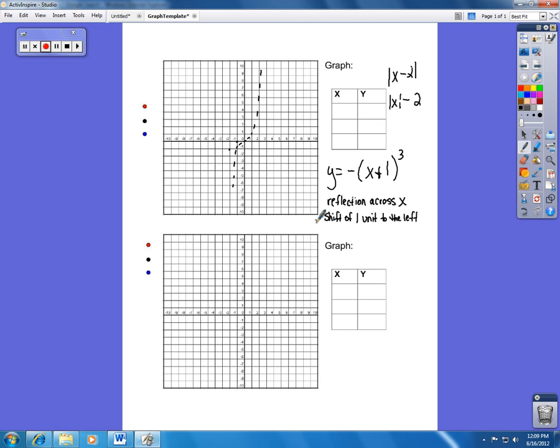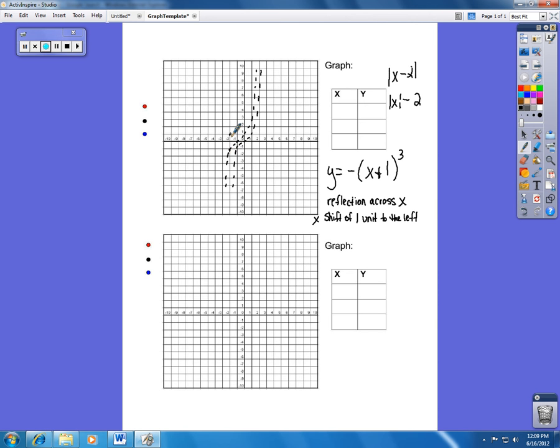So if I do my shift, my new graph now would be 1 unit over. And now, lastly, I have to do this reflection across the x-axis. So any point that's down here, I go a corresponding distance above the x-axis. So this point is now up here.